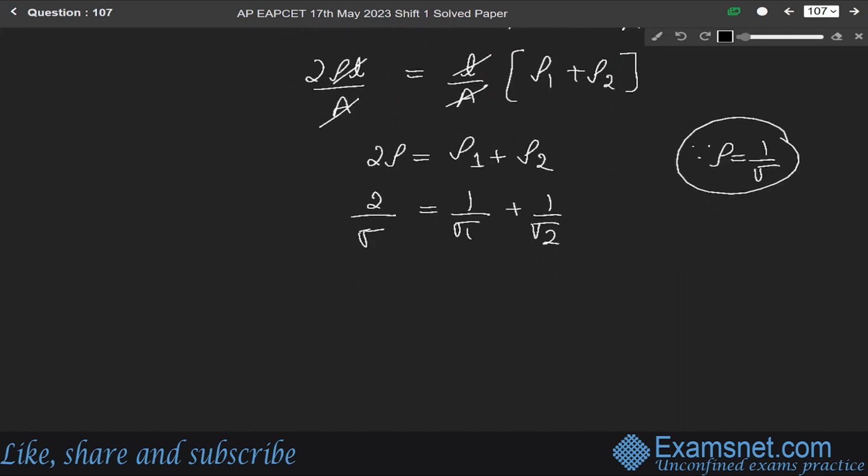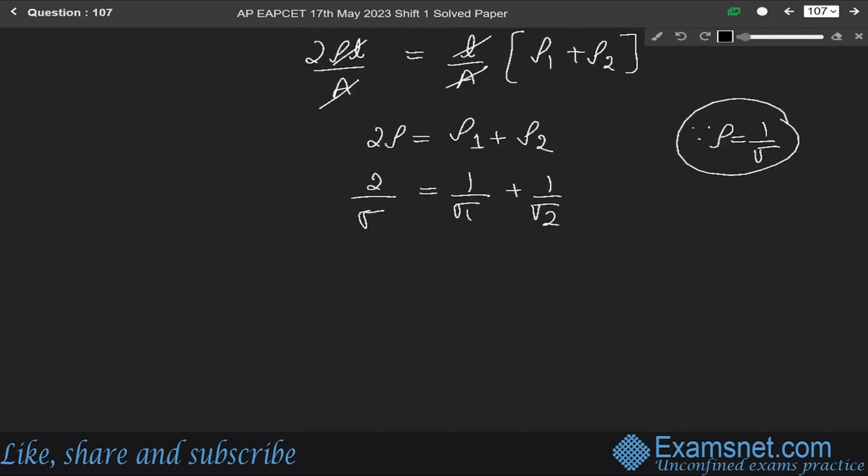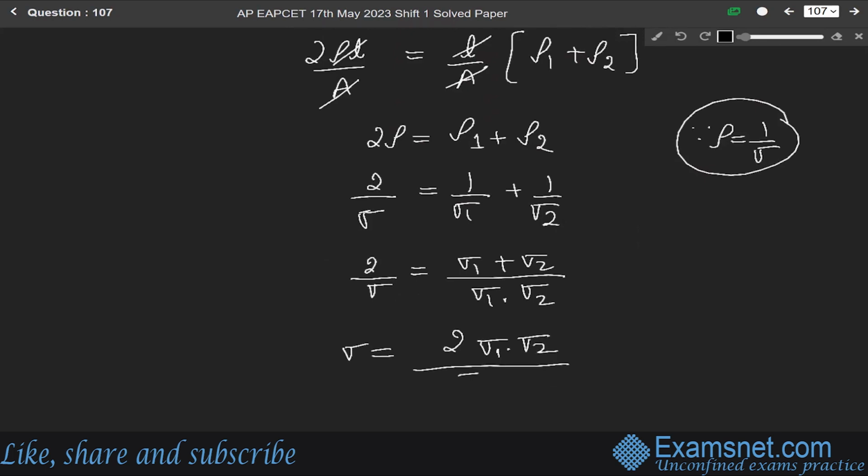Now we can write 2 over sigma will be equal to (sigma 1 plus sigma 2) over (sigma 1 into sigma 2). So sigma will be equal to 2 sigma 1 sigma 2 over (sigma 1 plus sigma 2). So this is our final answer.